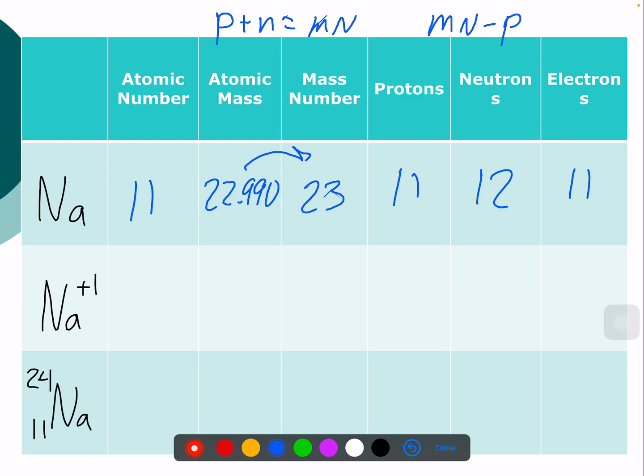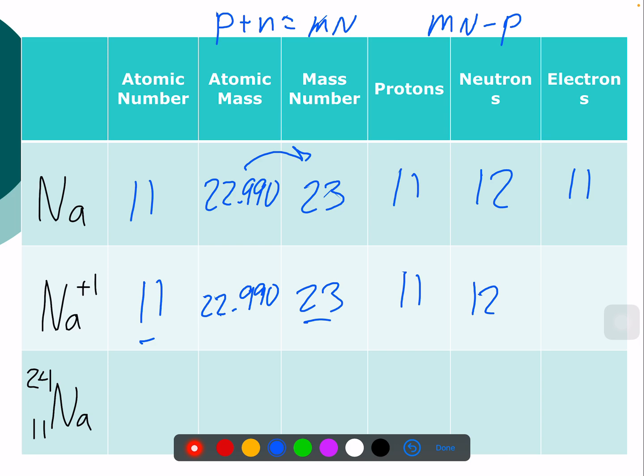Now, if we have a sodium plus 1, it's still 11 and 11. It's still sodium, so that doesn't change. The atomic mass doesn't change with a different number of electrons, so that's 22.990. The mass number is still the rounded number 23. The neutrons is still 23 minus 11, so that's still 12.